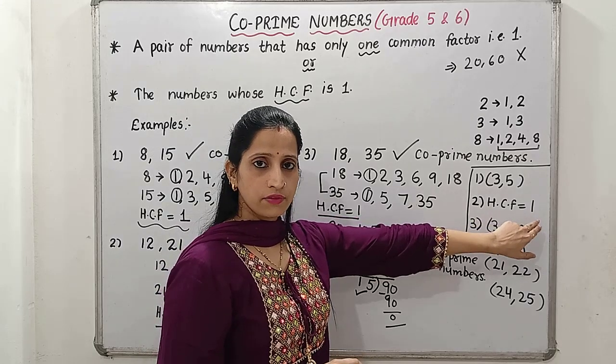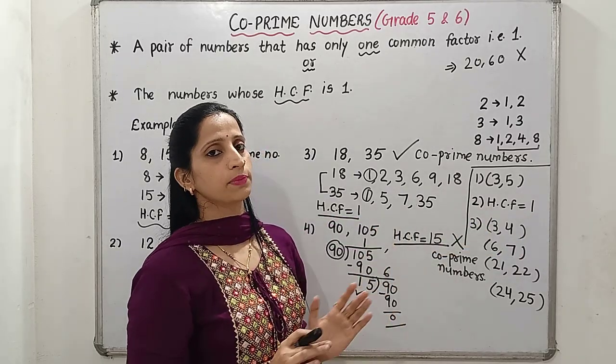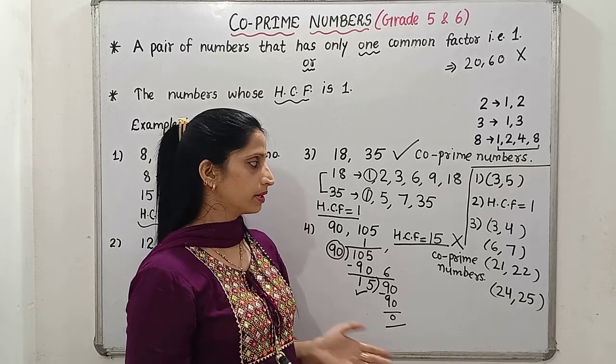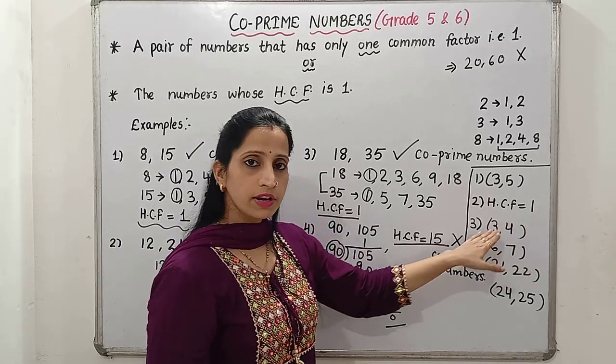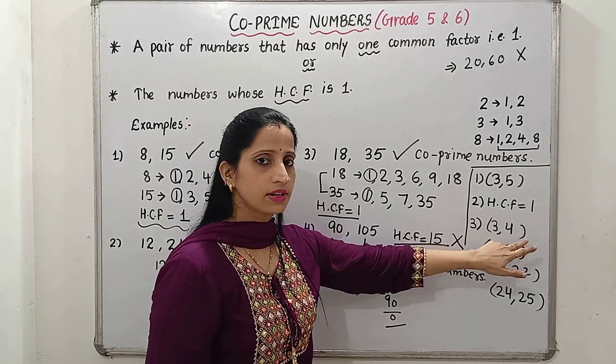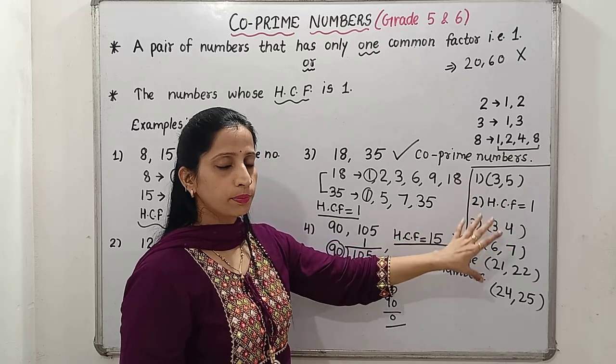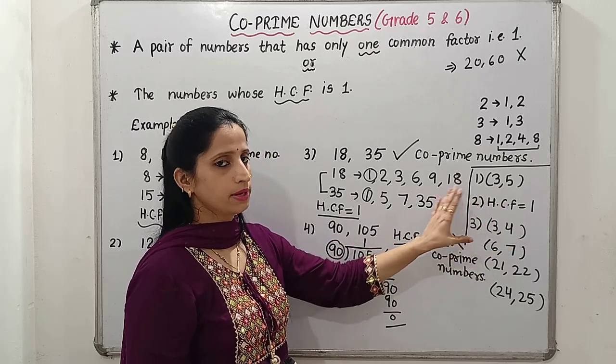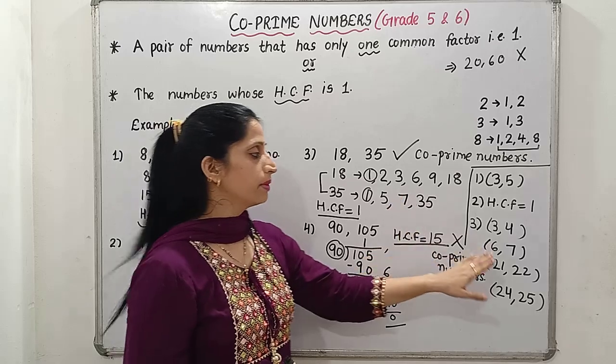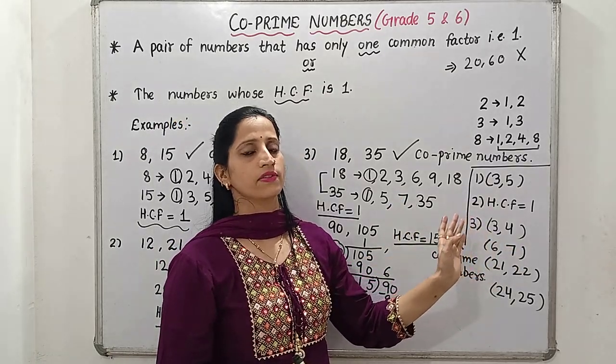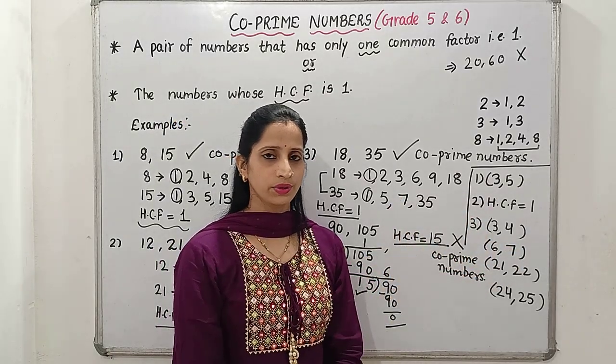If the HCF is given as 1, then also that pair will be co-prime. If both the numbers are successive numbers, then also that pair will be co-prime. There are many more other properties that we will discuss in another video.